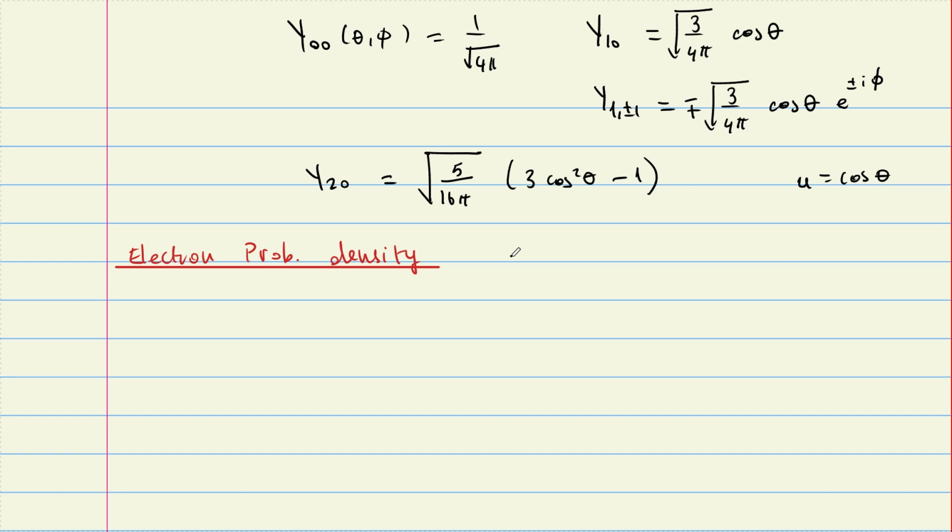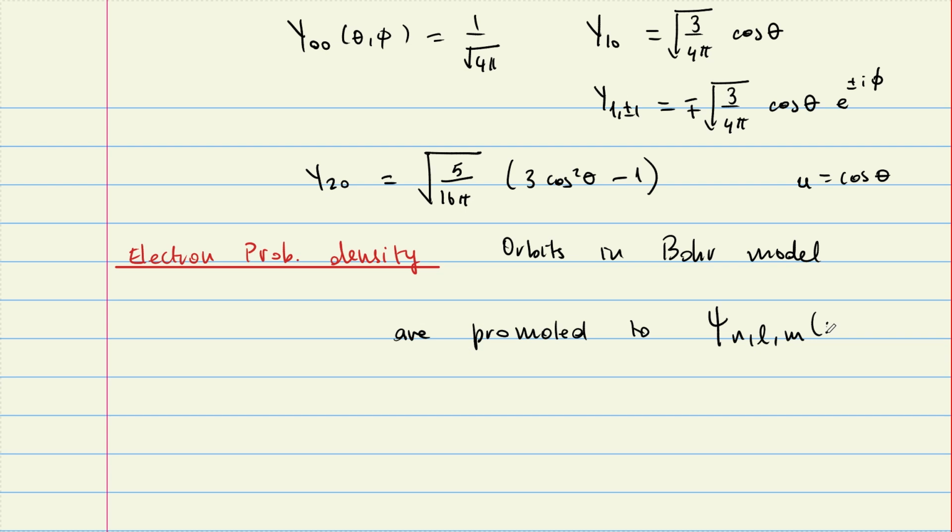So the orbits in the Bohr model are promoted to these complicated functions of r, theta, and phi, this psi_nlm, a function of r, theta, and phi.